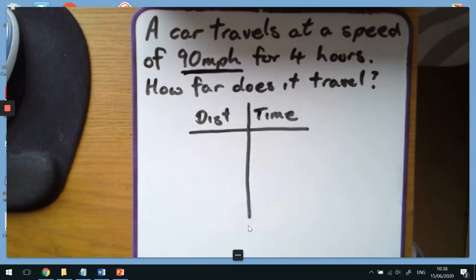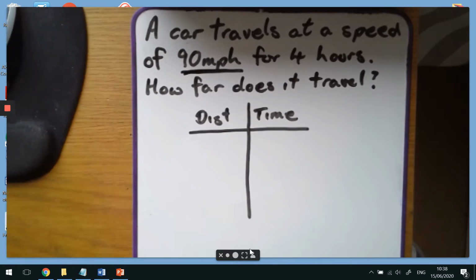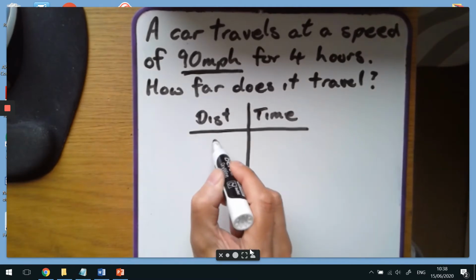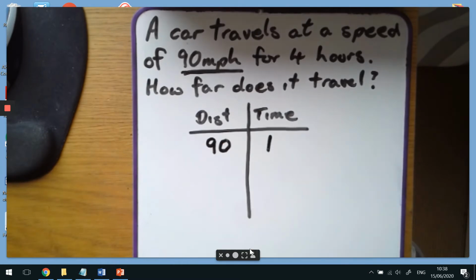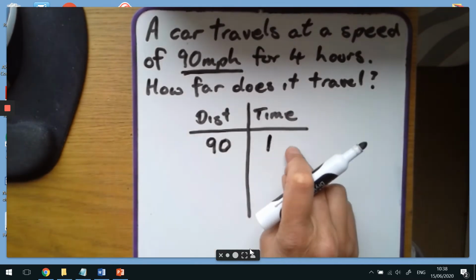Miles per hour means the number of miles per hour. It's often worth just repeating it so that you can remember exactly what it means. It's 90 miles per hour. So we travel 90 miles in 1 hour. 90 miles per hour means 90 miles in every hour. So 90 miles takes 1 hour.